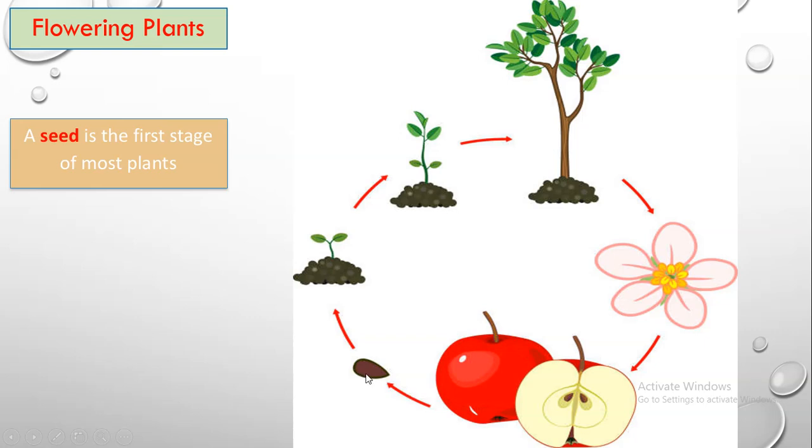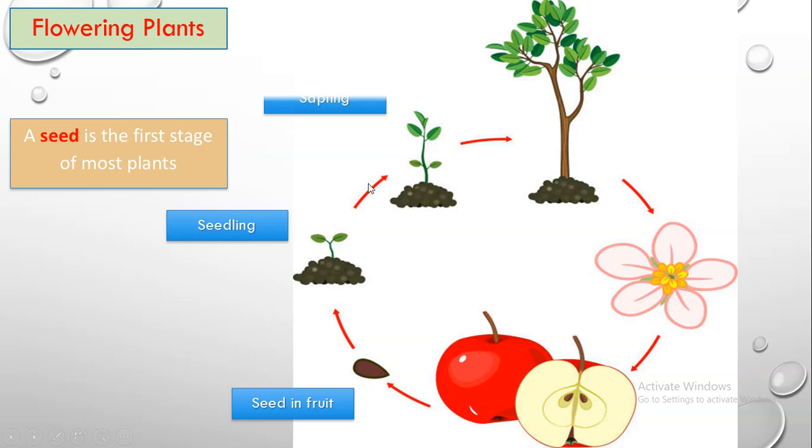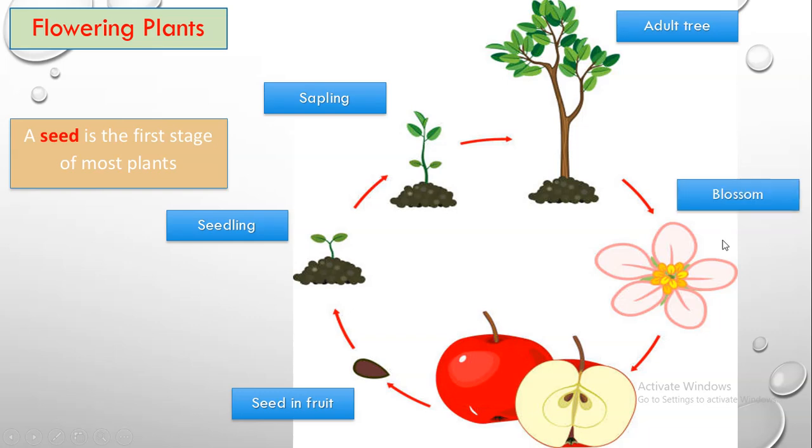Now, if you plant this seed into the soil with the proper conditions, it will grow into a seedling. Then it will grow into a sapling or a young plant. Then it will become an adult tree, blossom, and fruit.